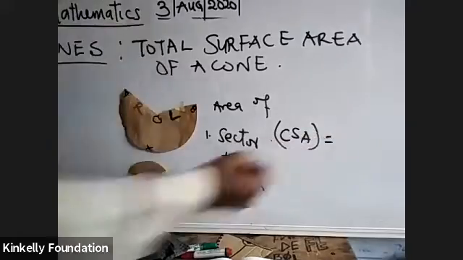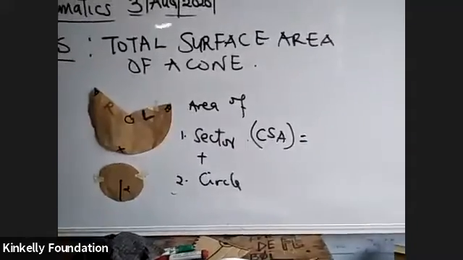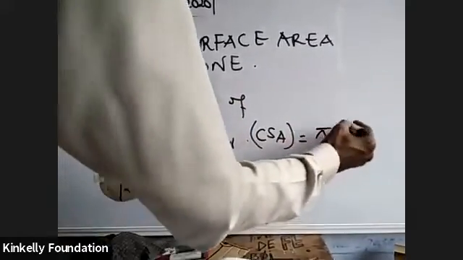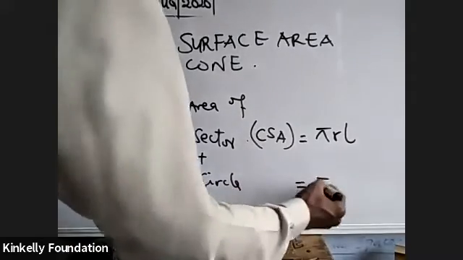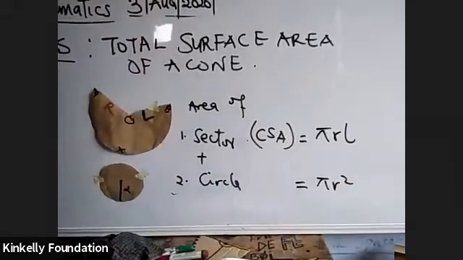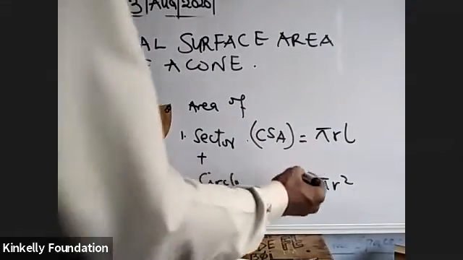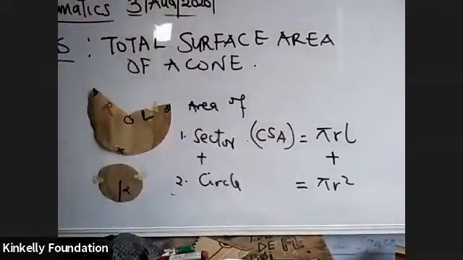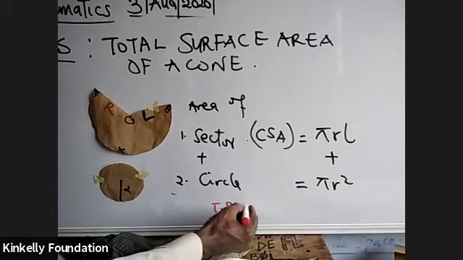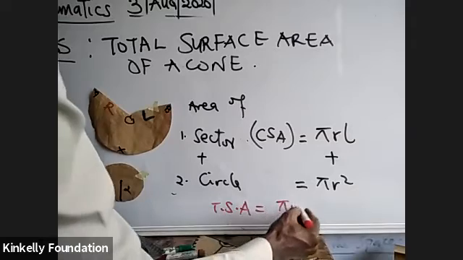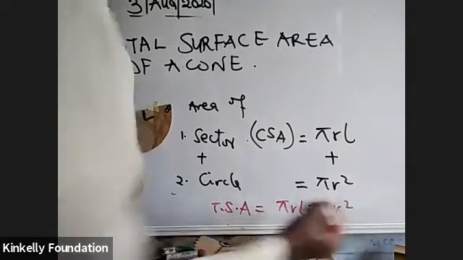So this one is equal to pi r L, while this one is equal to pi r squared. So what I'm talking about is pi r L plus pi r squared. Now when you have the two of them, you have one gigantic formula that tells us TSA equals pi r L plus pi r squared.